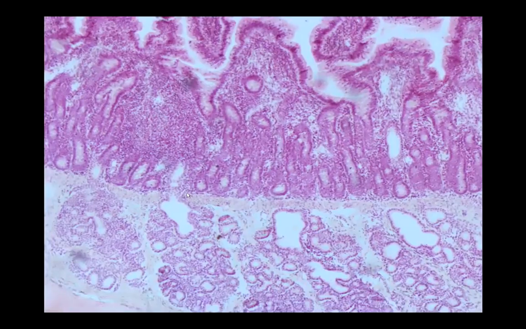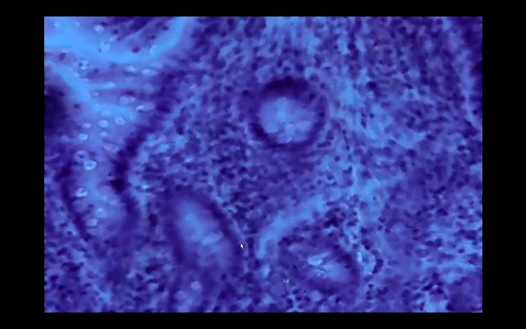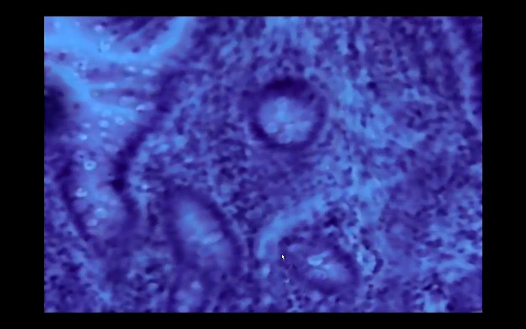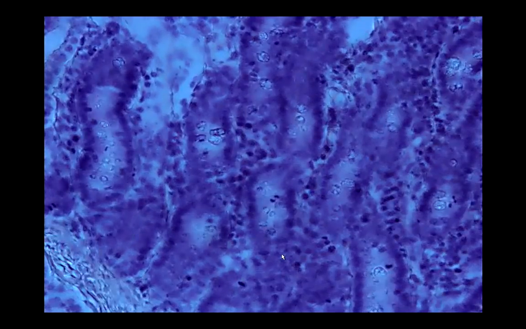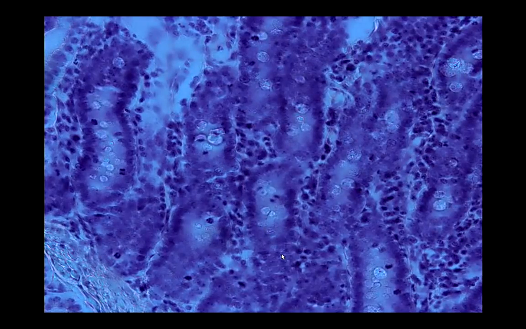Same with the colon, it also possesses glands there. These are simple columnar glands, and their type of morphology would be simple tubular.